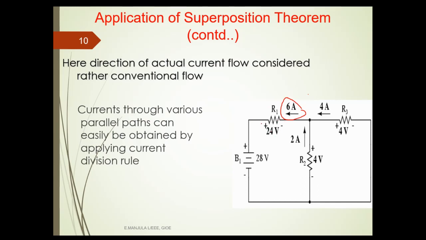Now we can find the voltage drop across this resistance. This is a 4 ohm resistance, so 4 into 6. The voltage drop V1 is equal to I, the total current, which is the same as I1 here, into R1.